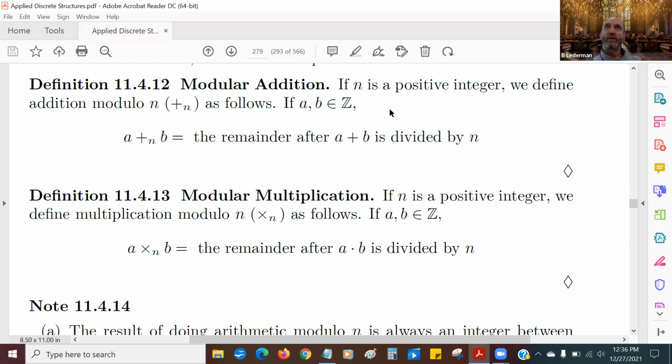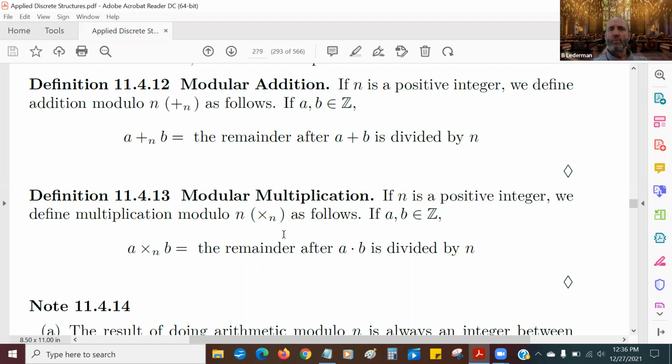So 7 plus 12 is congruent to 4 modulo 5. Multiplication is defined the same way. 7 times 4, which is 28, is congruent to 3 mod 5, because if I divide 28 by 5, I get a remainder of 3.